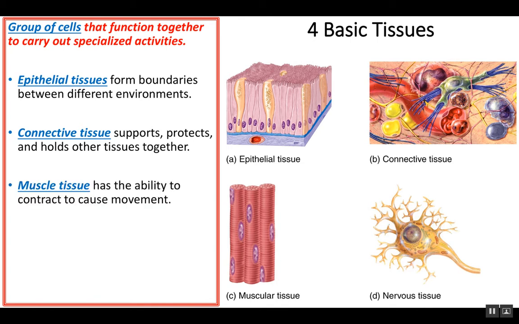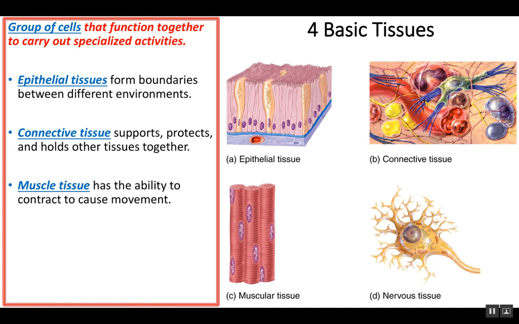Muscle tissue or muscular tissue, I think we know what muscle does. It contracts, it shortens, and then relaxes and lengthens. And there's 3 types of muscle tissue we're going to talk about. There's skeletal muscle, which attaches to bones in order to move bones. There's cardiac muscle, that's in your heart to pump blood.